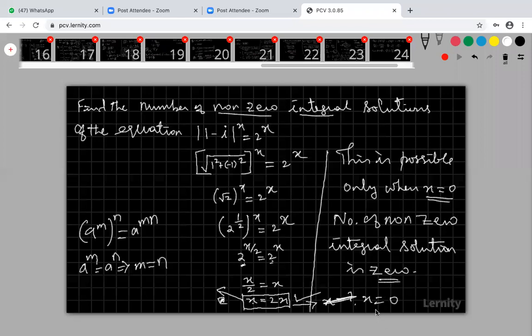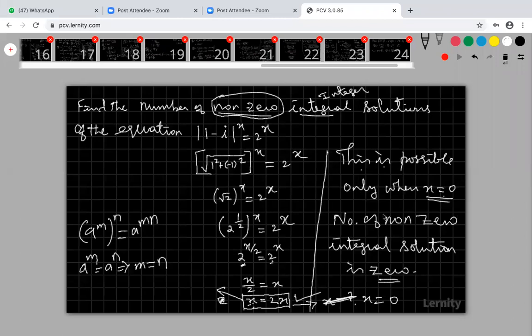Are you okay? That's what I am writing here. This equation x is equal to 2x is satisfied only by x is equal to 0. But look at the question: find the number of non-zero integral solutions, integer solutions. Integral means non-zero integers.